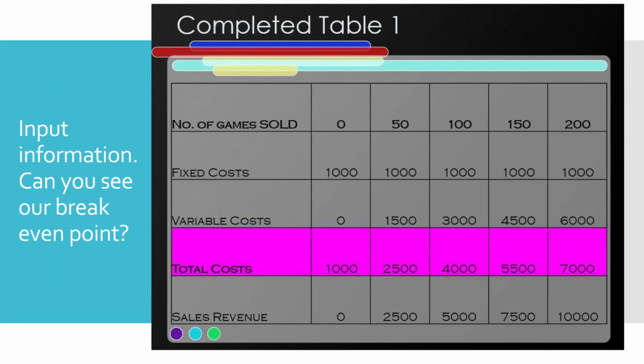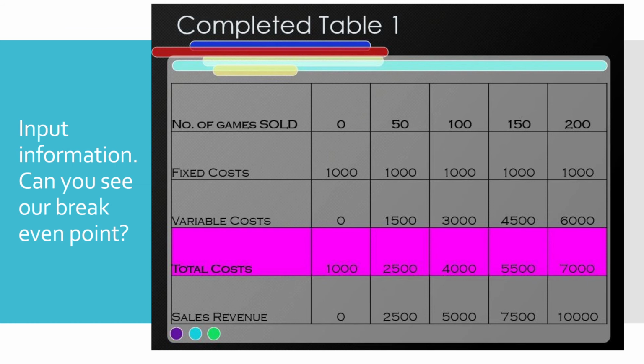So 30 times 50 will give us our variable cost in that second column of 1,500, 3,000, 4,500, and then 6,000. So we're timesing £30 times the number of units sold. Then we add those columns together to get our total costs.